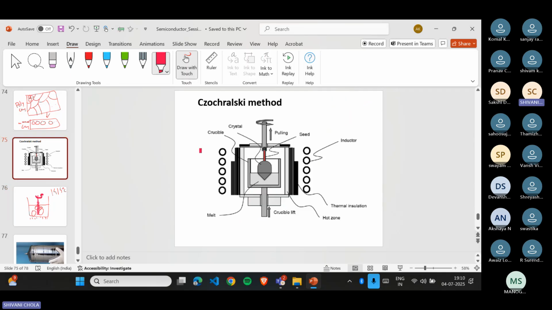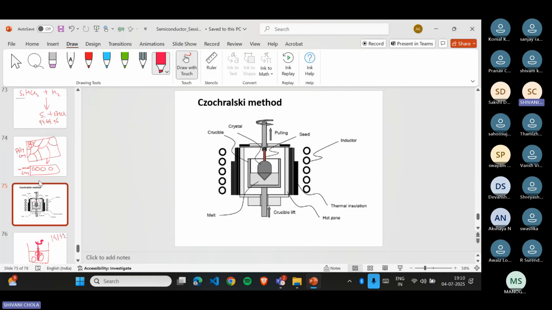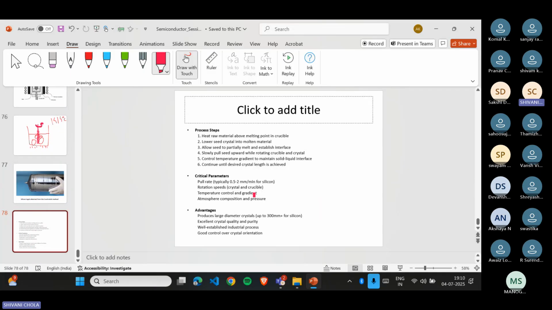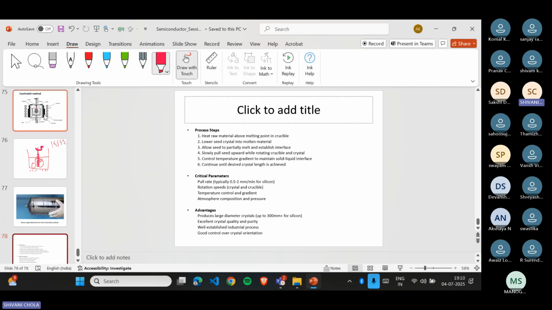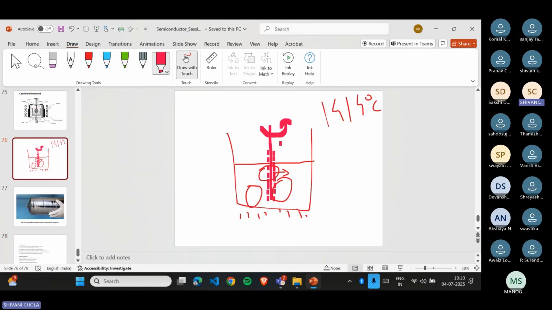Okay, and you keep rotating this rod till you manage to extract every piece of silicon from this melted form. So we also have some data, like there is pull rate also. So what you do is two processes simultaneously. You rotate this rod of seed and you also pull it upward.